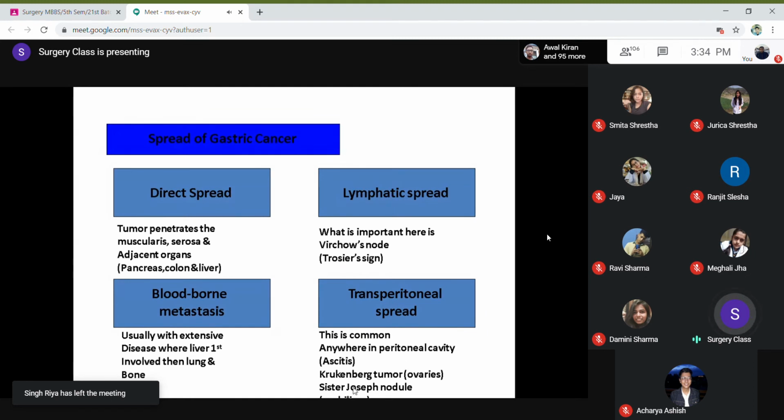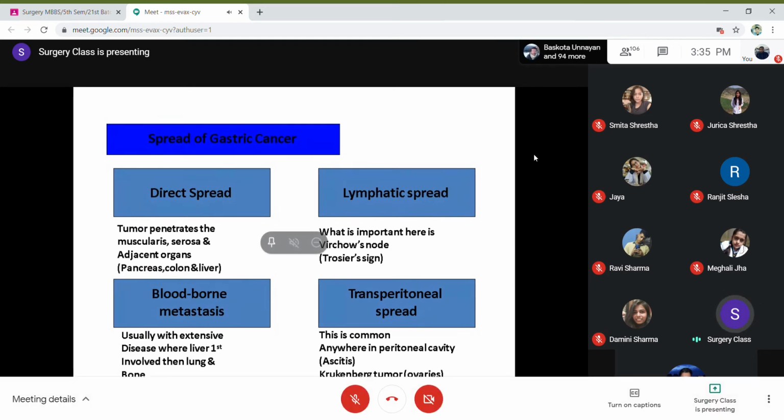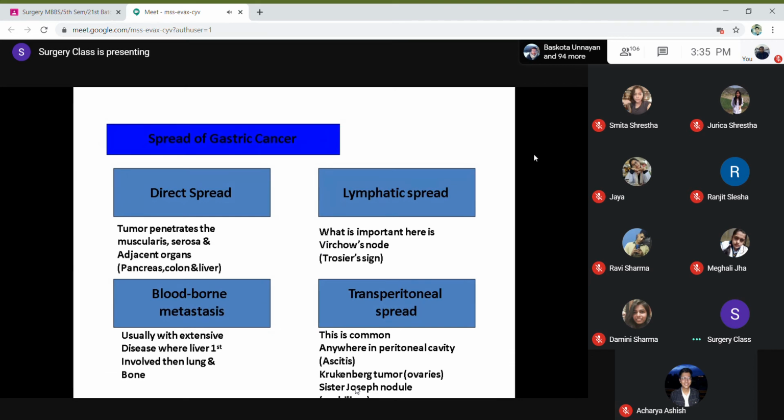If the tumor gets into the umbilicus, you see a tumor nodule in the umbilicus from outside, and it is known as Sister Mary Joseph nodule. Okay, so that's about the transperitoneal spread.